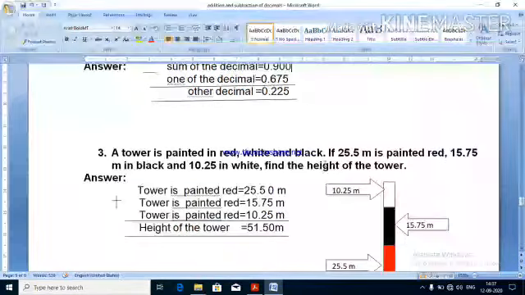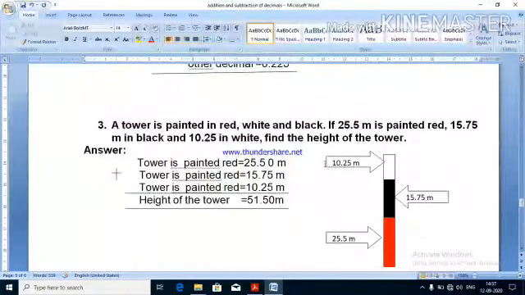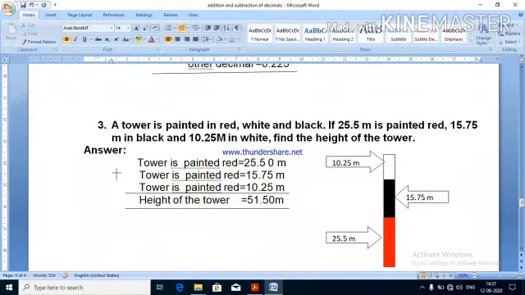After that you have to solve it. Okay. Next one, this is a very important question. A tower is painted in red, white and black. If 25.5 meters is painted red, 15.75 meters in black and 10.25 meters in white, find the height of the tower.